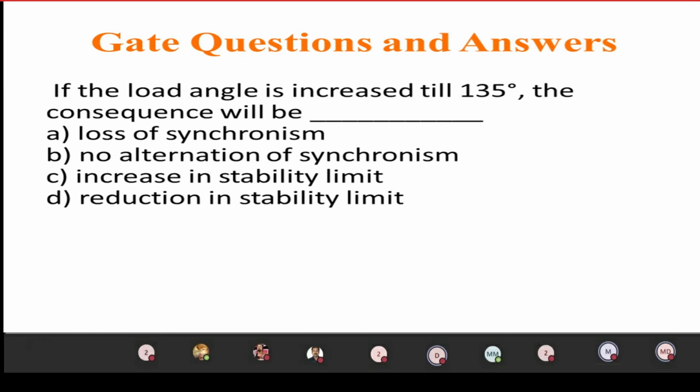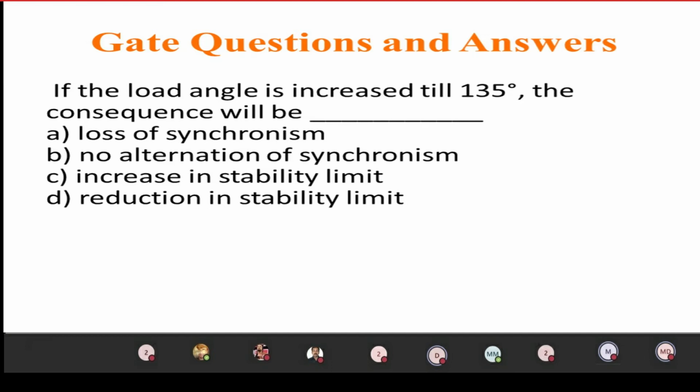If the loading angle increases till 135 degrees, the consequence will be: loss of synchronism, no alteration of synchronism, increase in stability limit, or reduction in stability limit. When we increase the electrical load, the load angle starts to increase.